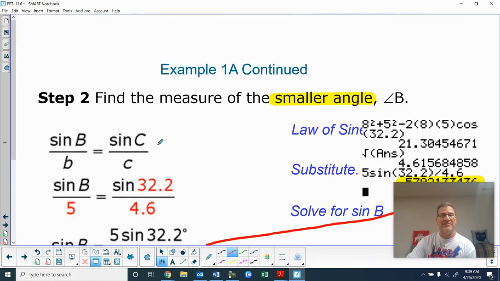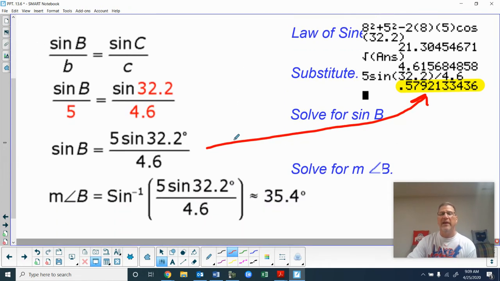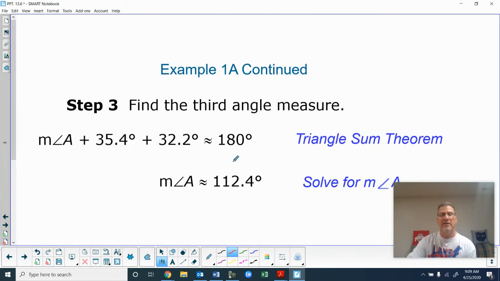Then we used the law of sines to find angle B because it was the smaller of the two angles left, since side B was the shortest. Once we found the 35.4, we added it to the 32.2 and subtracted from 180 to get the 112, angle A. So that's the side angle side situation.